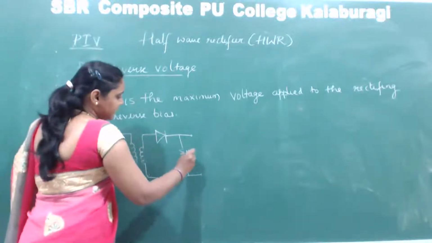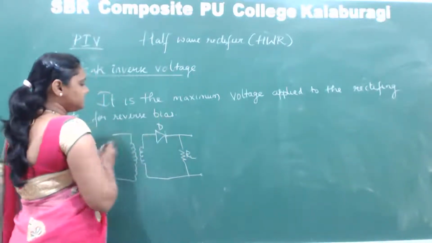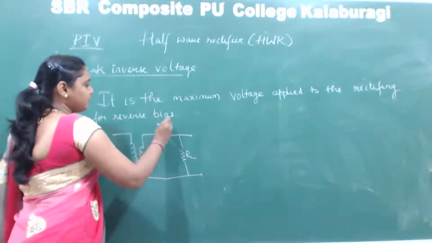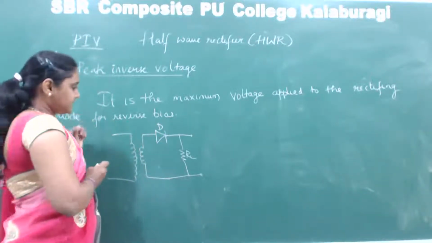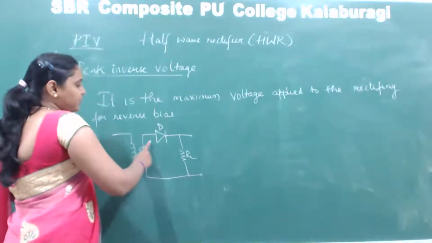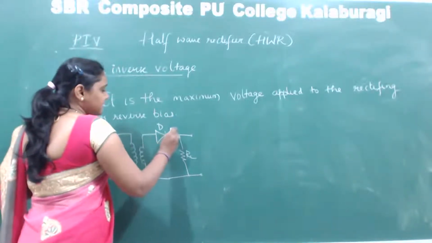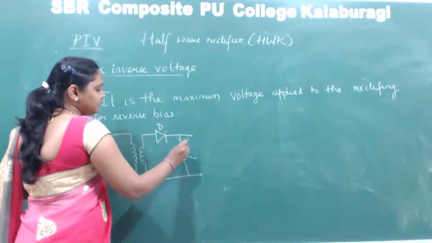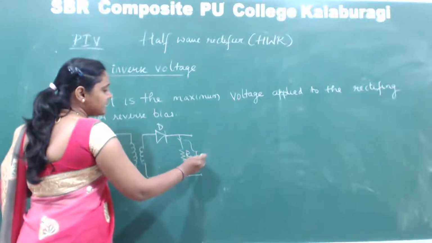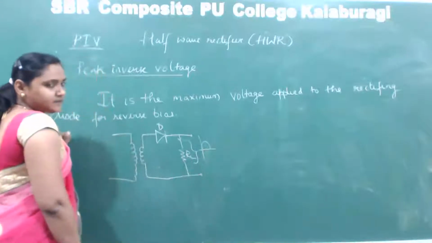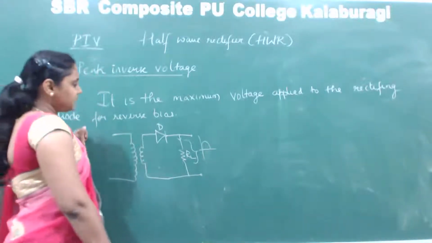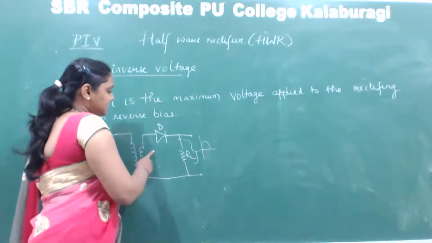This is RL, and the diode turns on for forward bias and turns off for reverse bias. For forward bias, it acts as a closed switch, so current flows through the load resistance RL and creates the positive half cycle in the output. This is clear. But what happens in the negative half cycle?